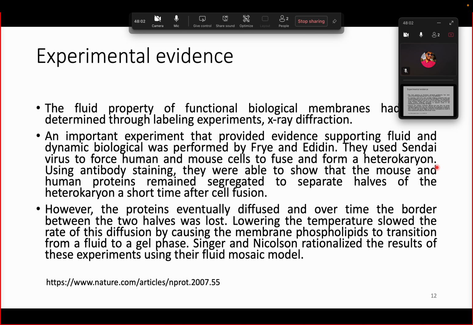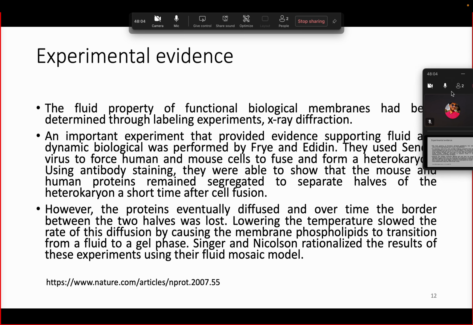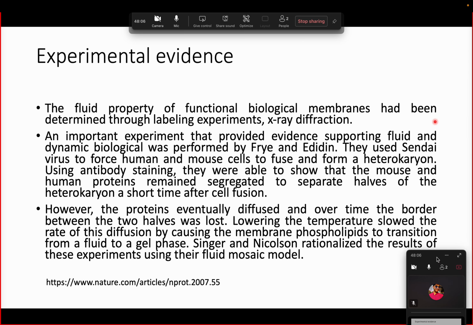So as I was mentioning, the experimental evidence that led to the conclusion that the membrane is fluidic in nature comes from a labeling experiment and X-ray diffraction techniques. So basically the fluid property of functional biological membrane had been determined through labeling experiments and X-ray diffraction.